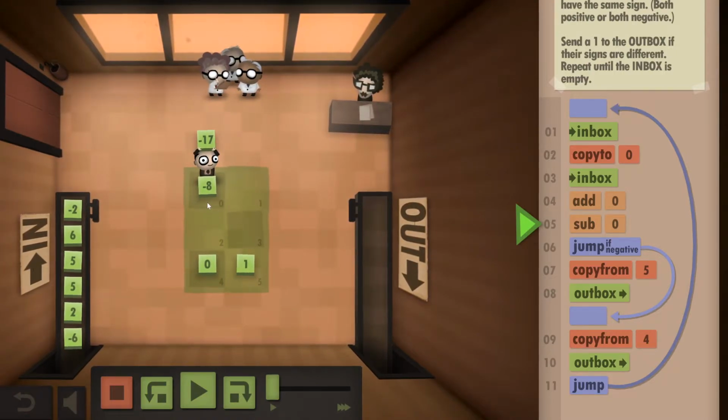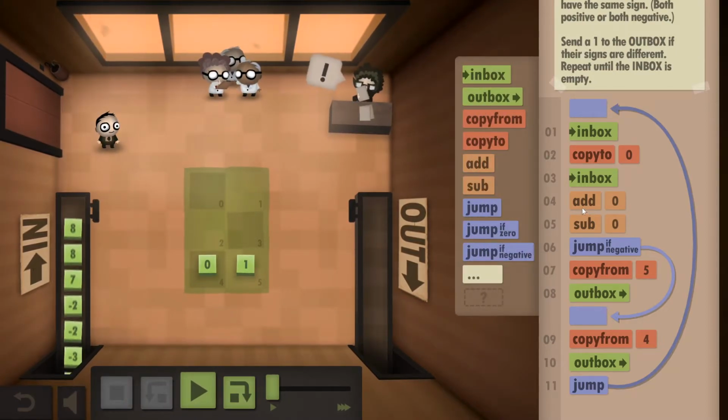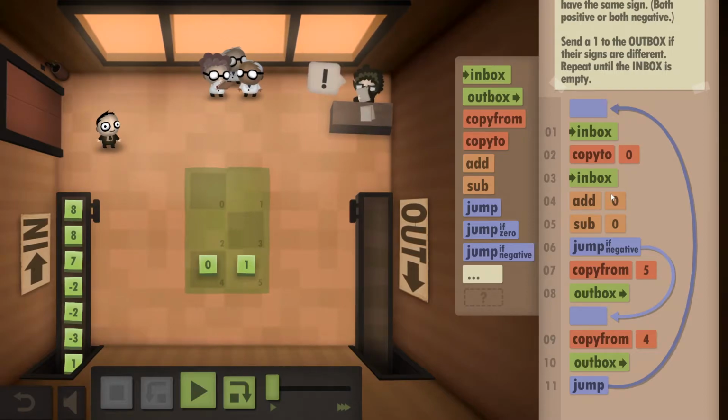We want to subtract negative 8 from negative 17, not negative 17 from negative 8. So that's going in the wrong order. So we need to store the addition here.